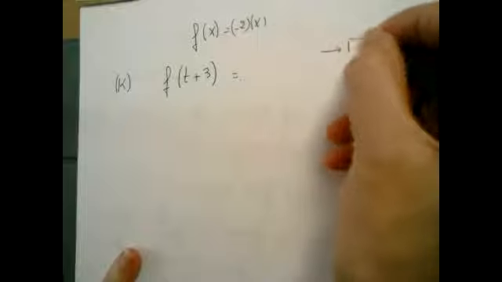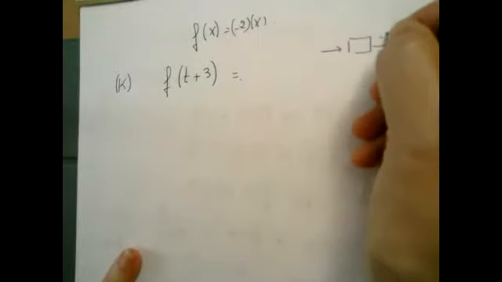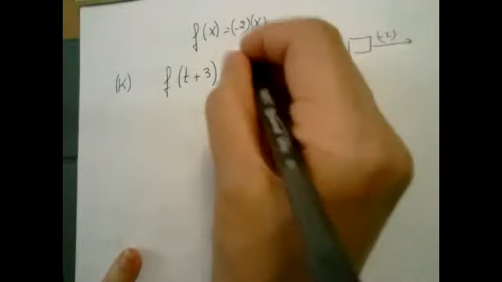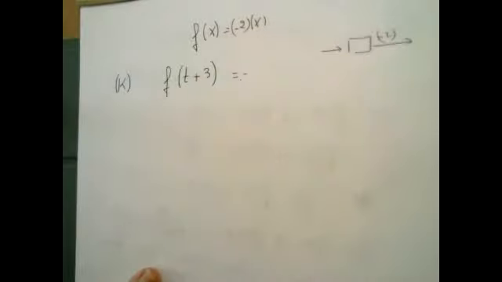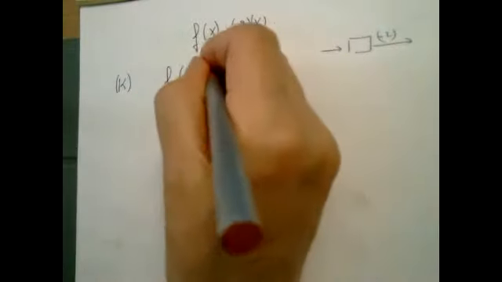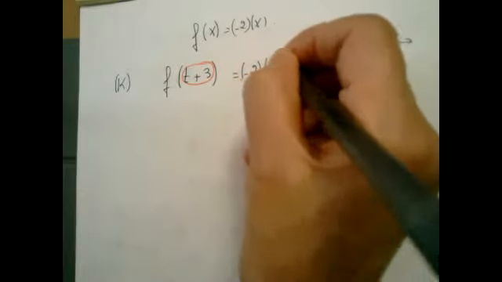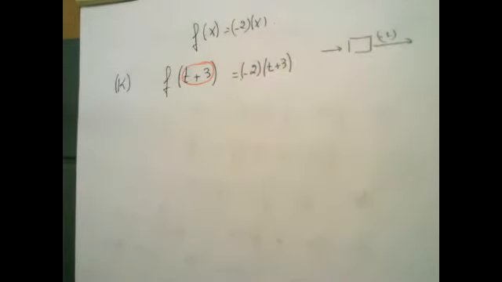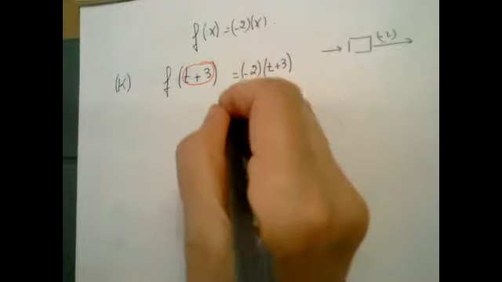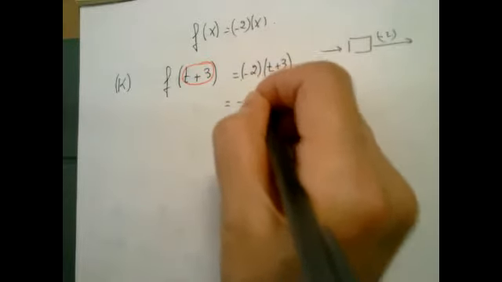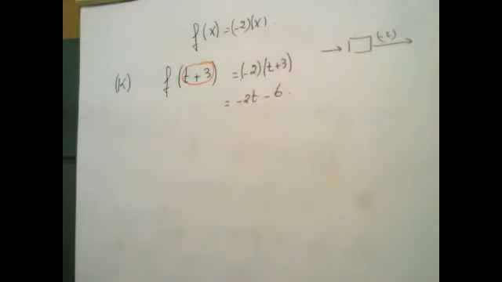Whatever you give it, it times it by negative 2. So if you give it t plus 3, f takes minus 2 times whatever you give it, which is, you distribute, minus 2t minus 6.